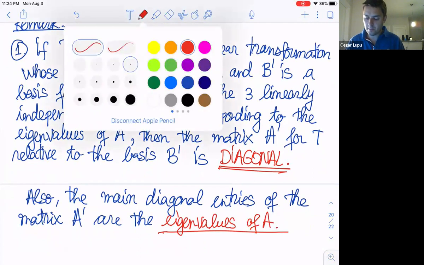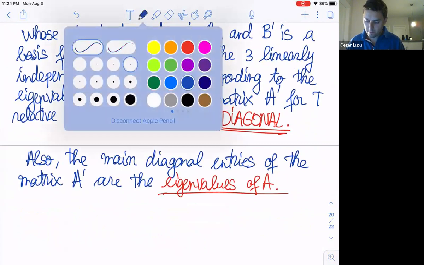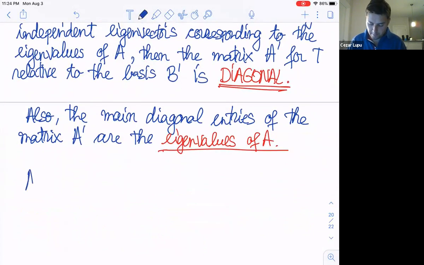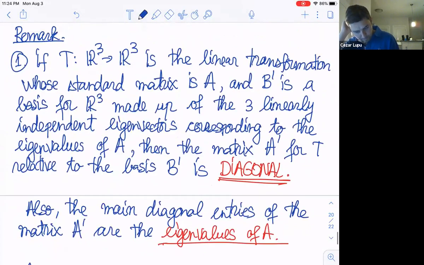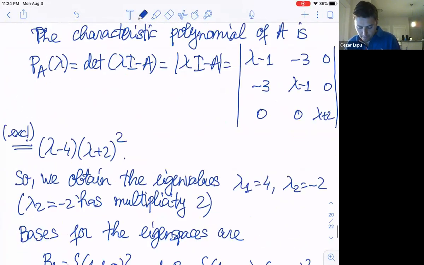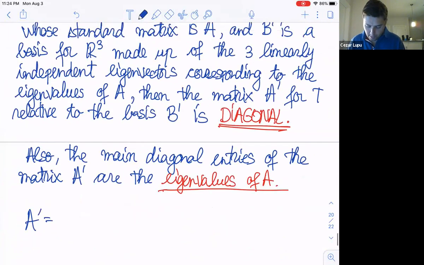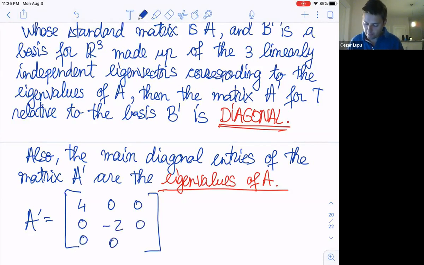Now let's look at this matrix. So A prime that we obtained was, let me look at my computations, 4, 0, 0; 0, negative 2, 0; and 0, 0, negative 2.